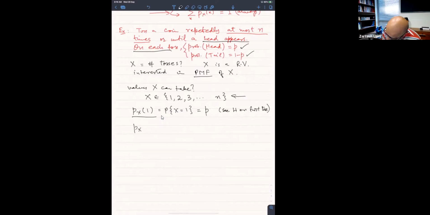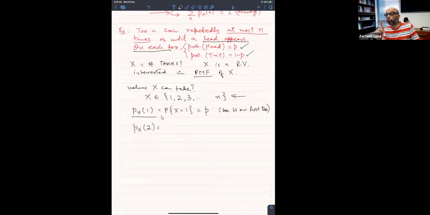What is P_X(2), the probability X takes the value 2? Answers in the chat window. When can it happen that X takes the value 2?